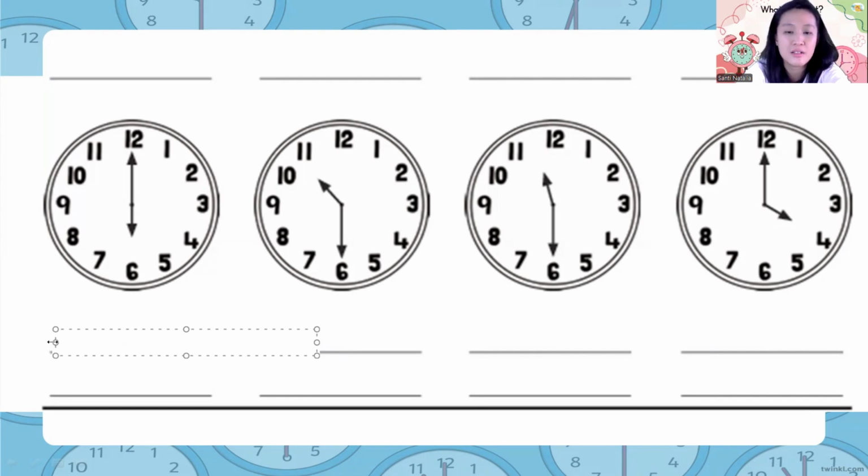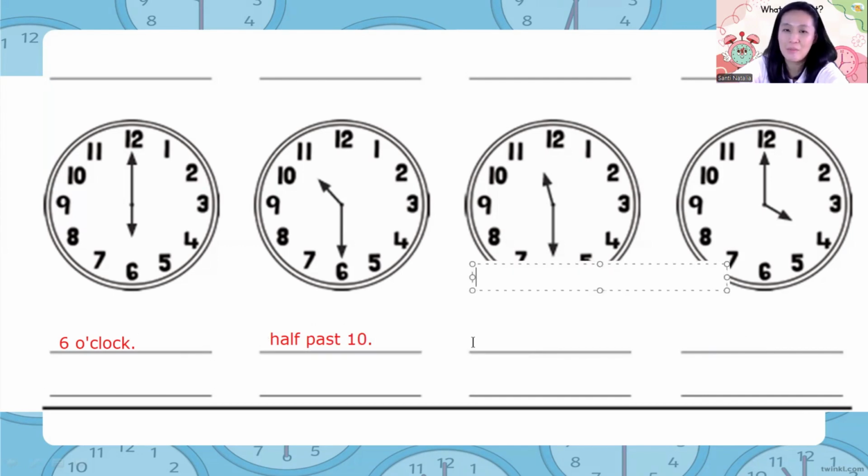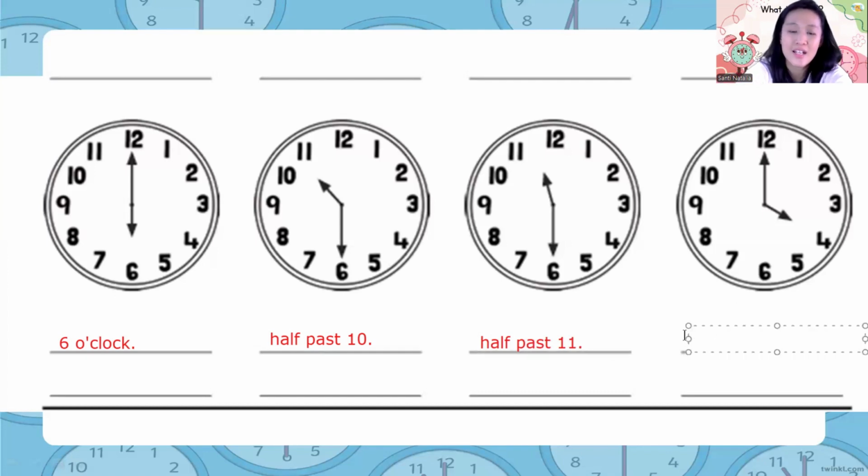This one is 6 o'clock. How about this clock? It's half past 10. Did you get it right? How about this clock? It's half past 11. And the last one is 4 o'clock.